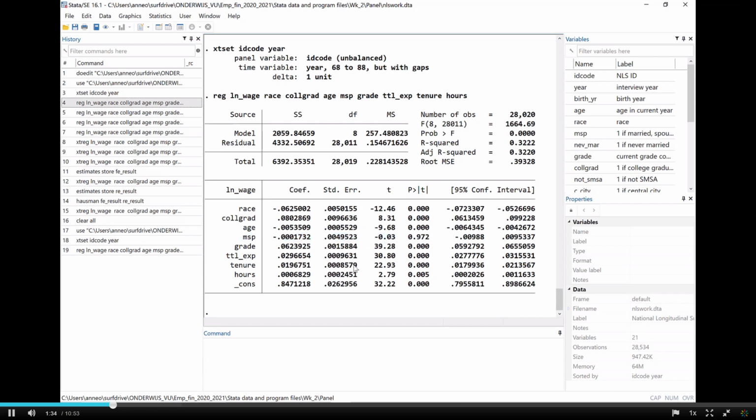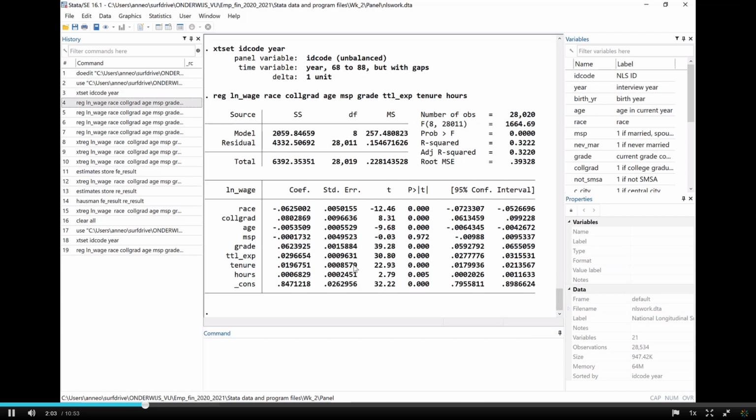All the other variables are statistically significant. However, the standard errors here may be wrong because they are based on the assumption that the epsilons are uncorrelated, either within a particular person over time or at a particular time period across all the individuals.